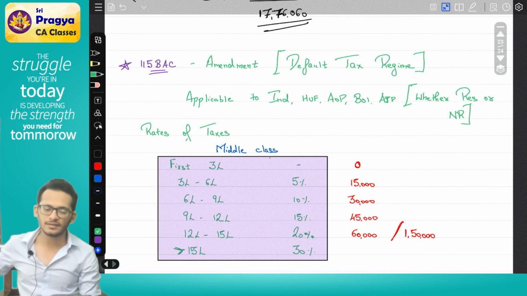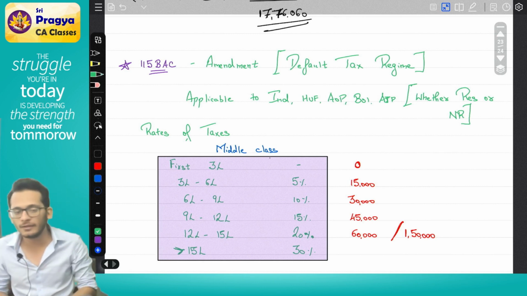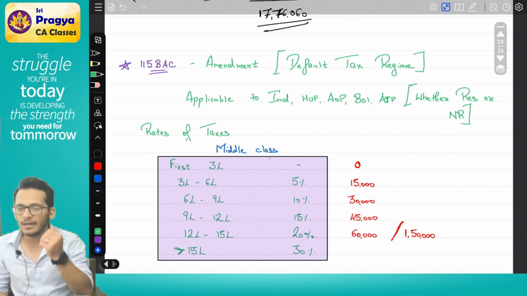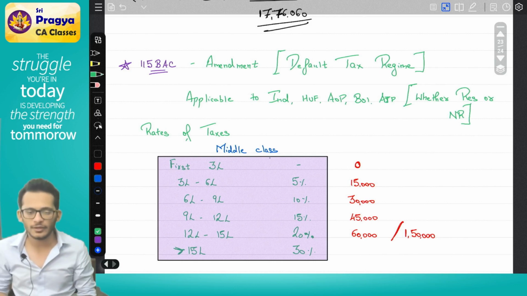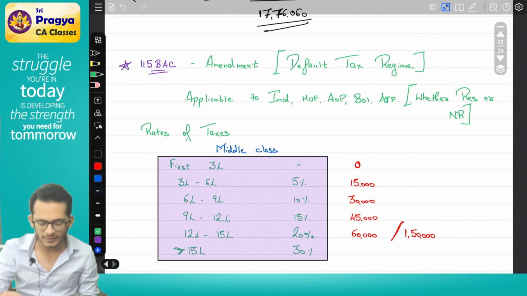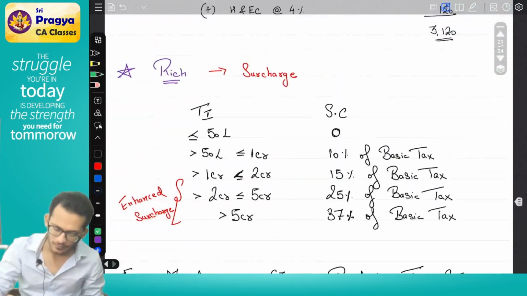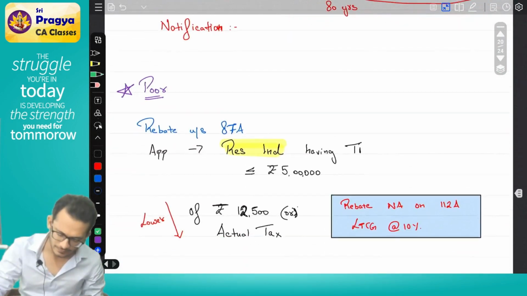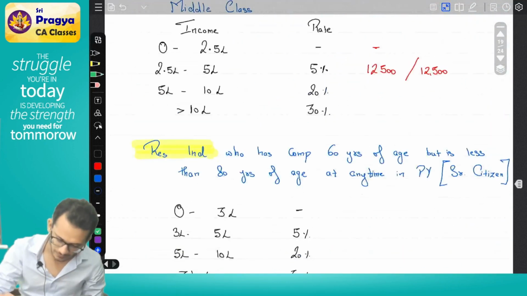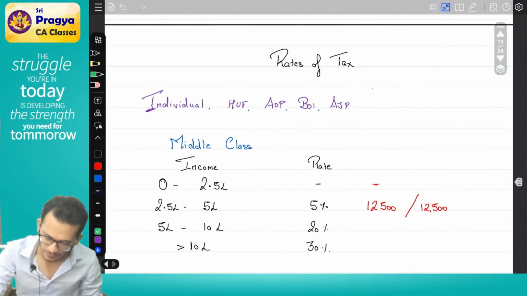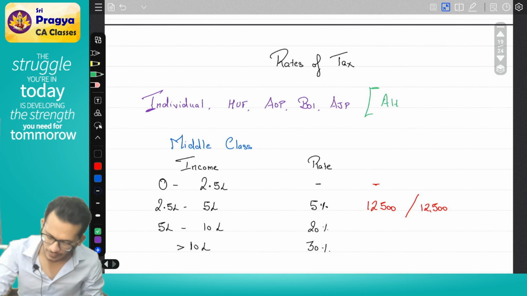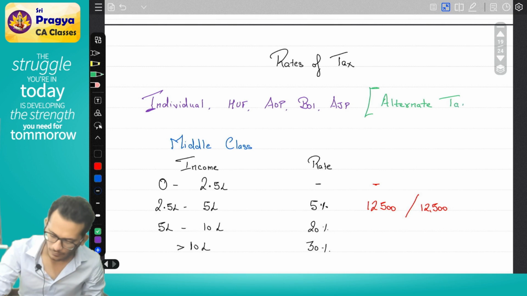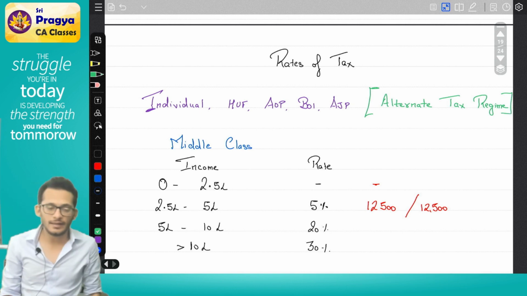Because people were not using the regime the government brought in for you, the government made it mandatory for everyone. So now this has become your default regime, which means your old regime is now called the alternate tax regime.